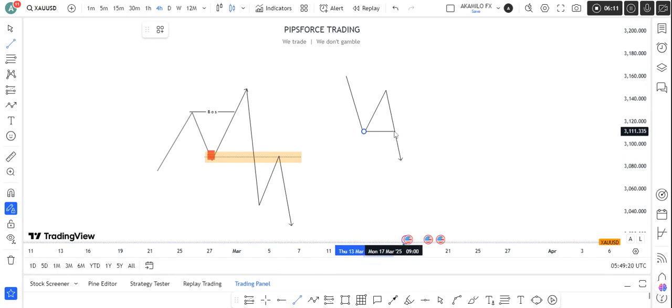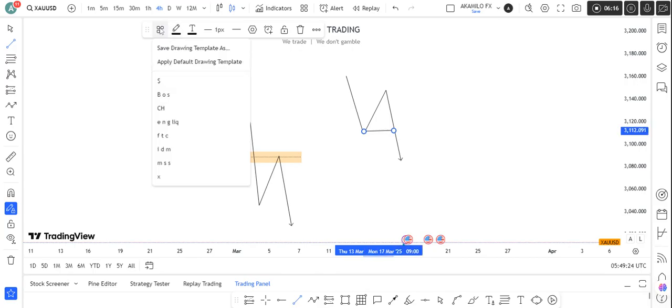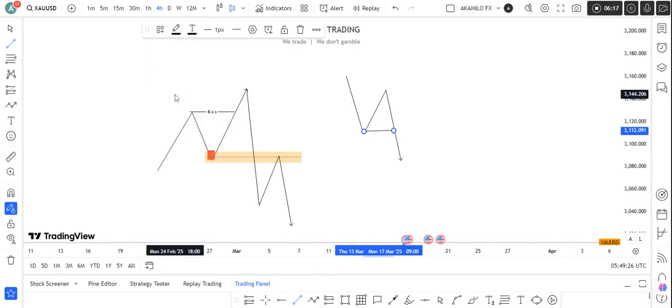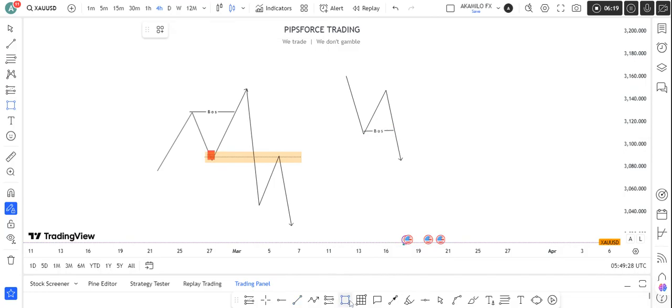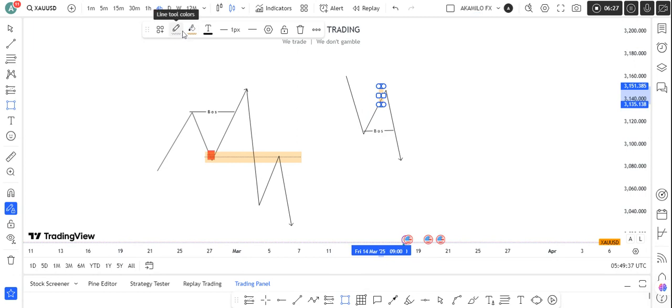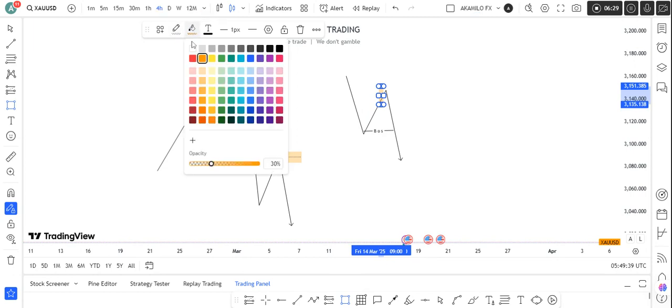Since we have this break of structure, an order block is formed around here. And this particular order block is what we call a bearish order block.